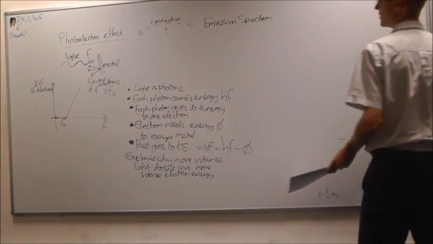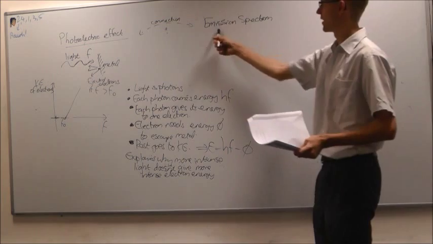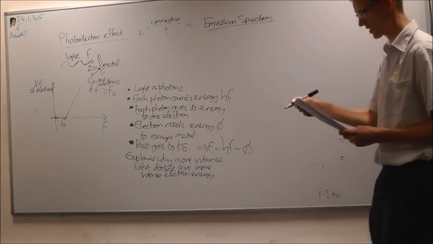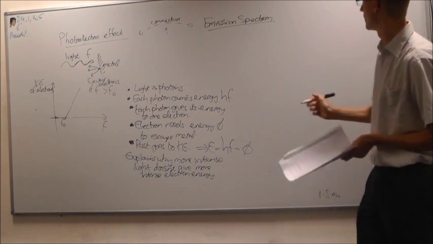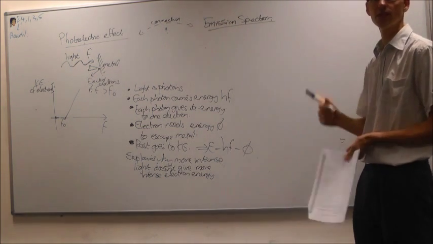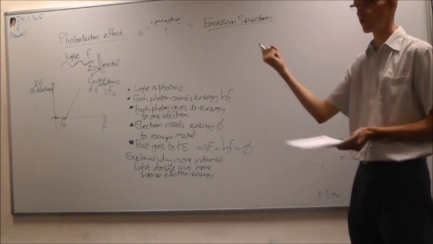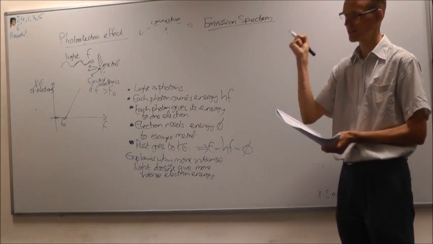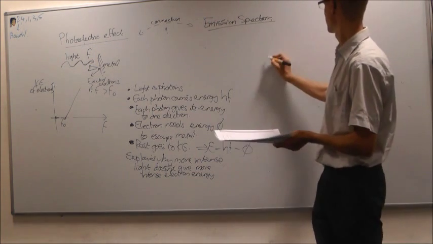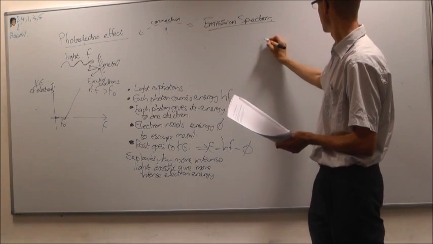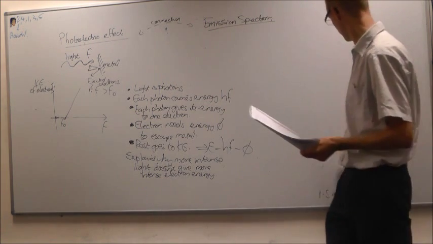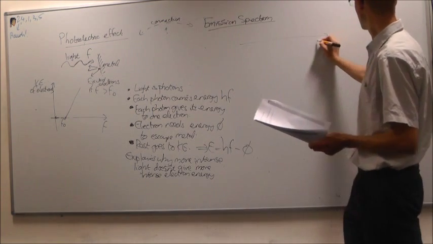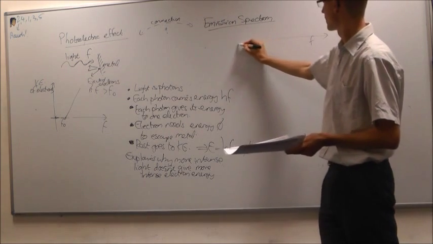Right, let's go on to Bohr's explanation of the emission spectrum of the hydrogen atom. So what do we mean by emission spectrum? That means if we heat hydrogen up, it's going to give off light, but at very specific frequencies. And we get this pattern of spectral lines. So F goes there.